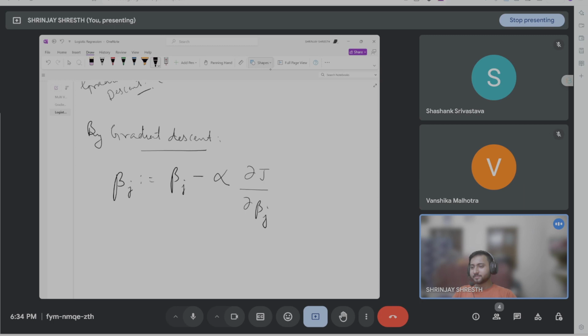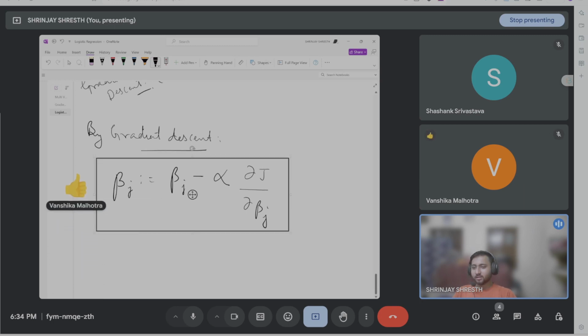Can I say this using gradient descent? Sashank? Perfect. I can say this, yeah. Obviously, I can say this.